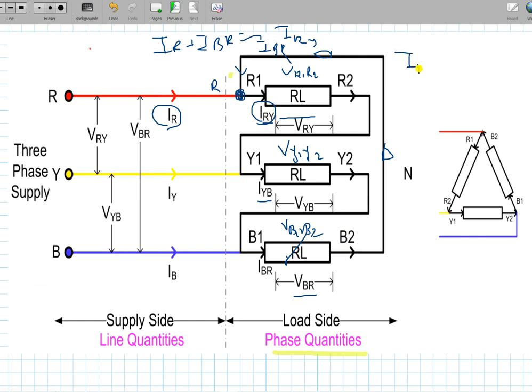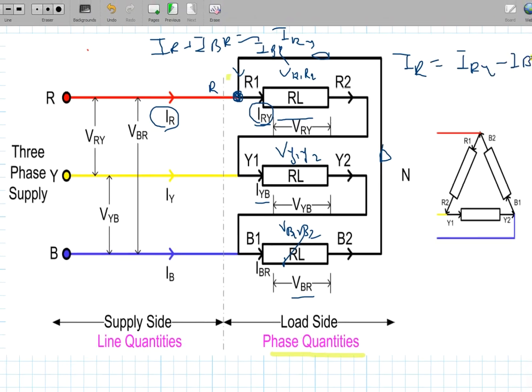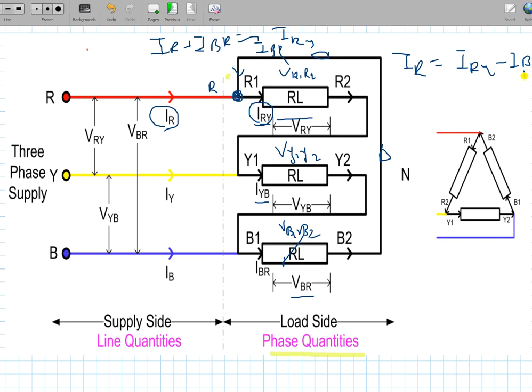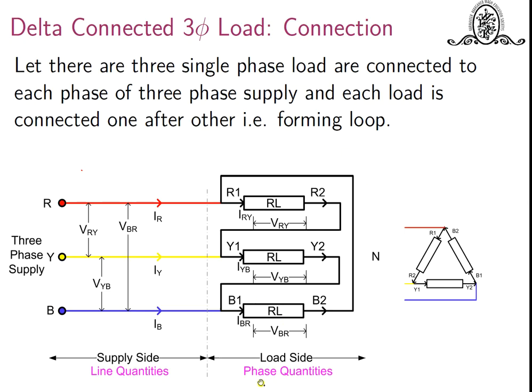So I can say that IR is equal to IRY minus IBR. So these two quantities are not the same. We can observe that IR is not equal to IRY, IY is not equal to IYB, and IB is also not equal to IBR. So these are the phase quantities and line quantities.